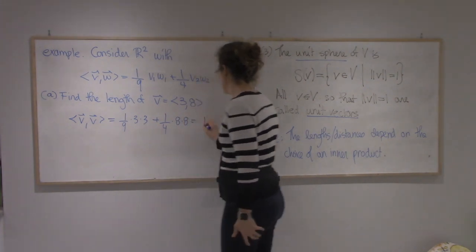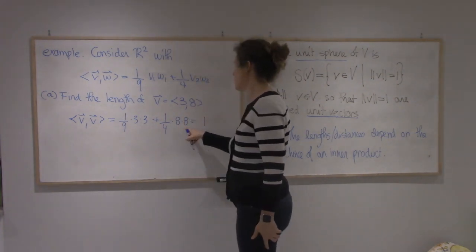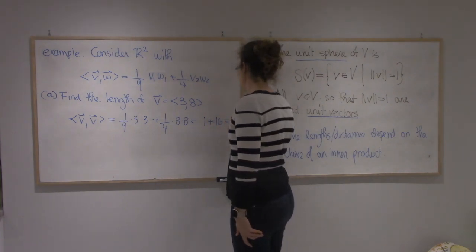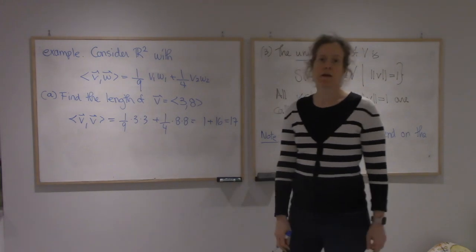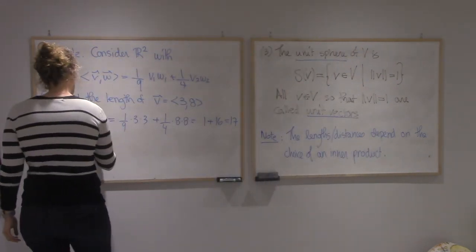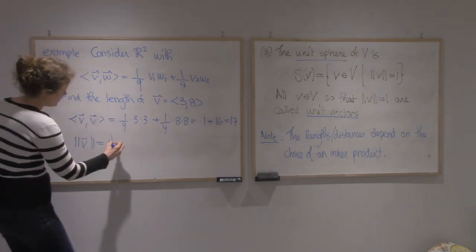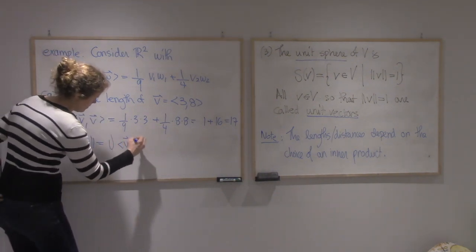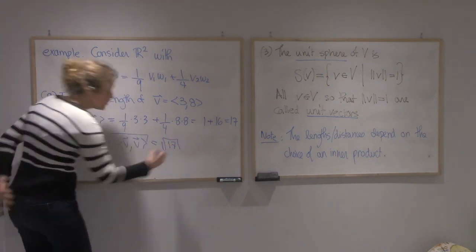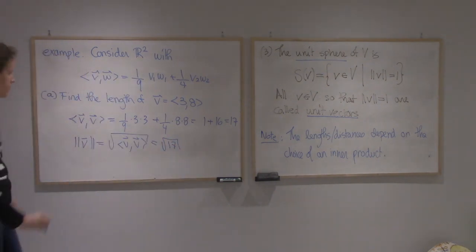So that's 1. That's 64 divided by 4. That's 16. So I get 17. So the length will be the square root of that, which is root of 17.